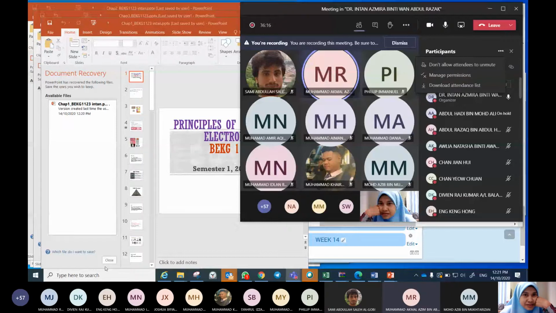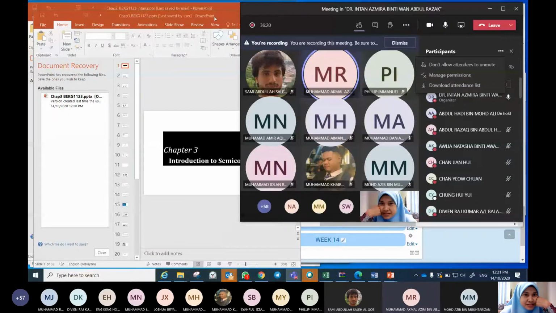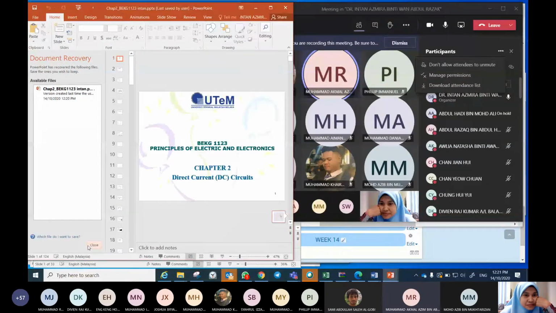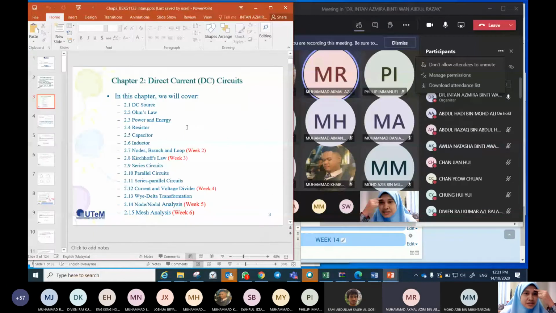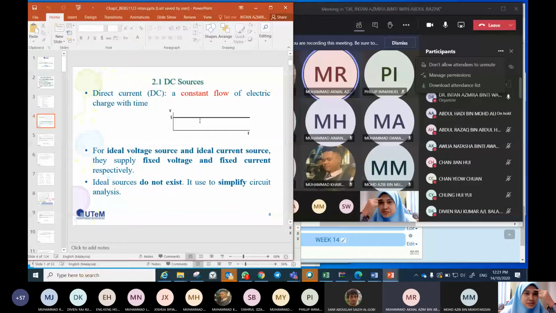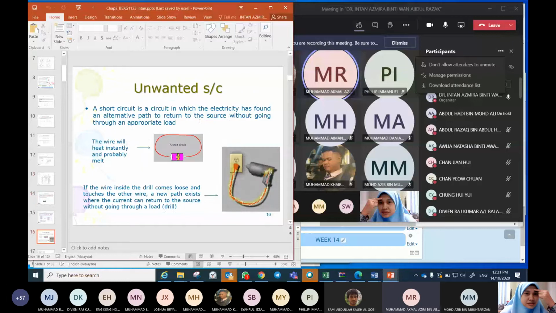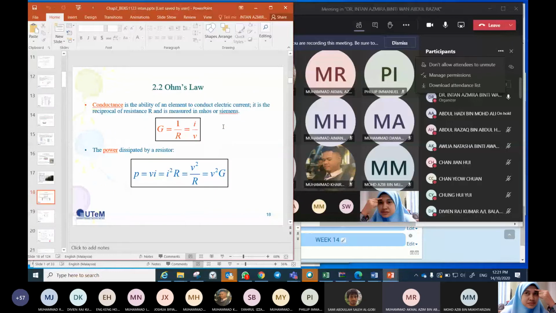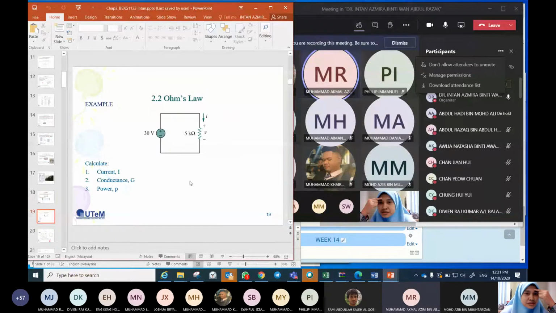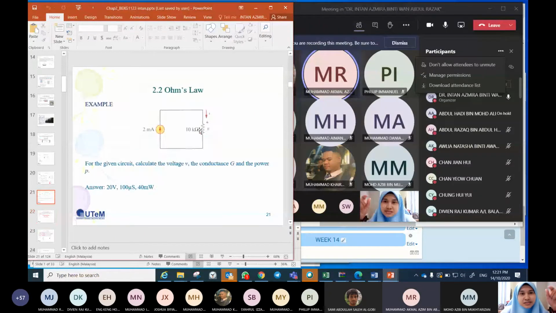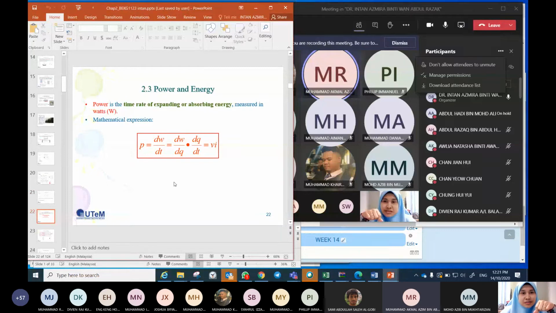So actually power calculation can be found in the chapter 2 slides. This is the subtopic of power and energy. Power is the time rate of expending or absorbing energy, measured in watts.